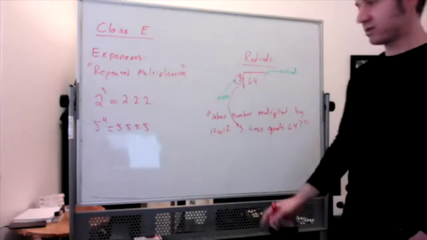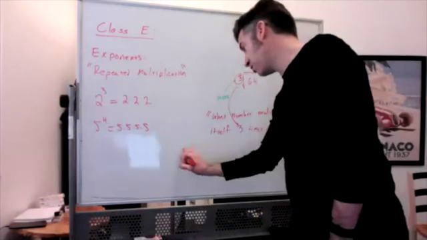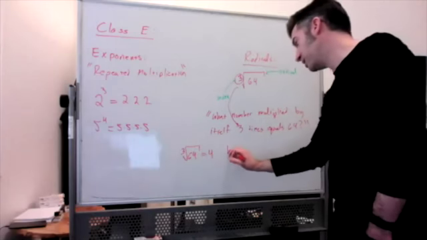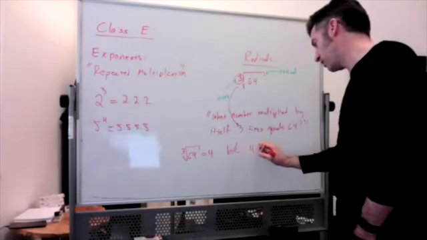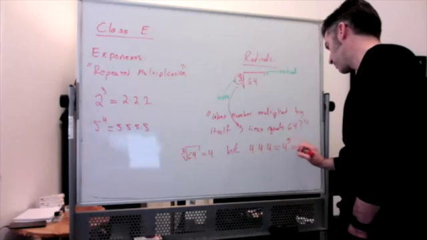That's what this expression actually says. And we know that the cube root of 64 is equal to 4 because 4 times 4 times 4 equals 64.